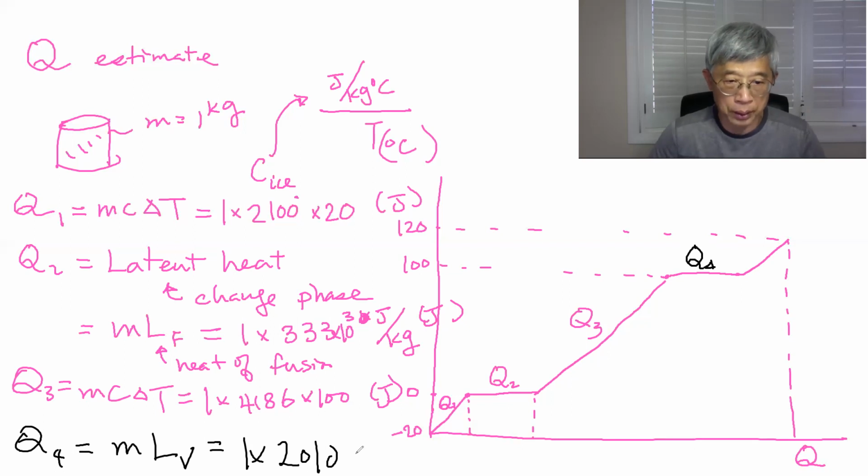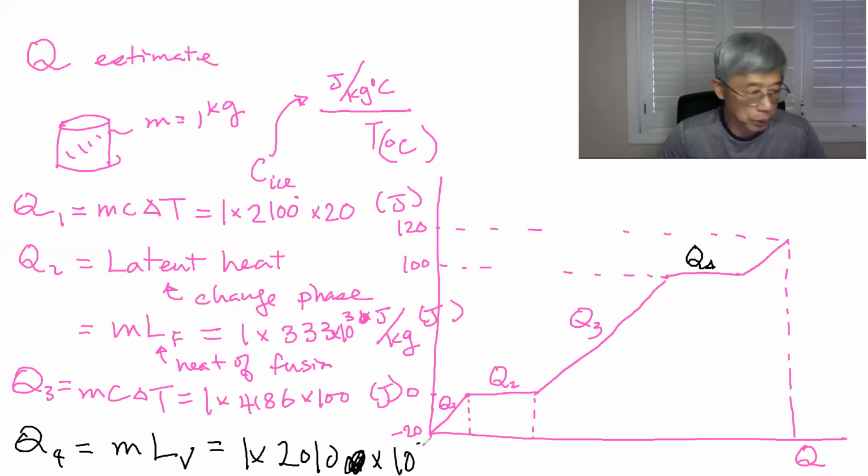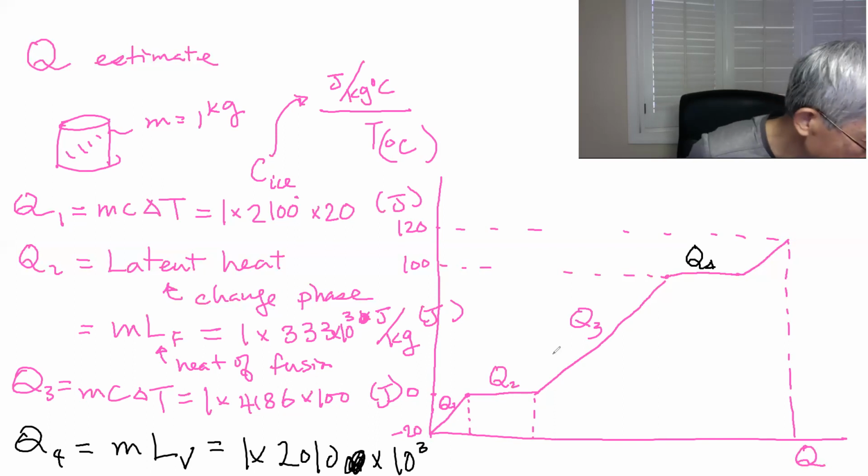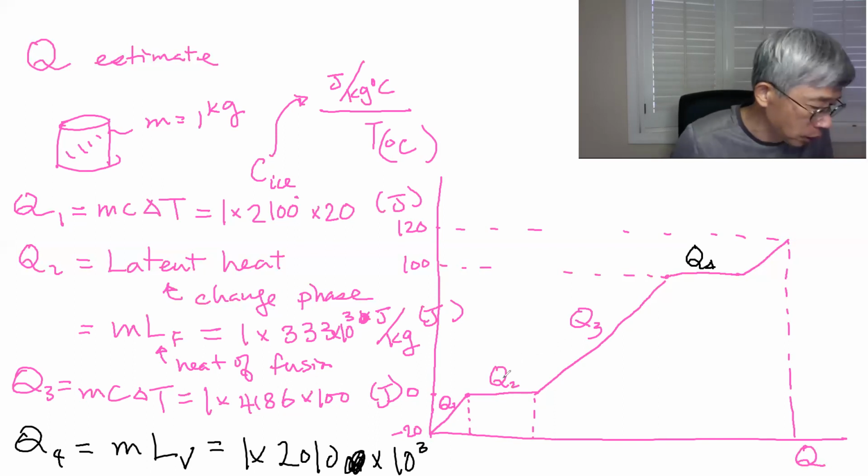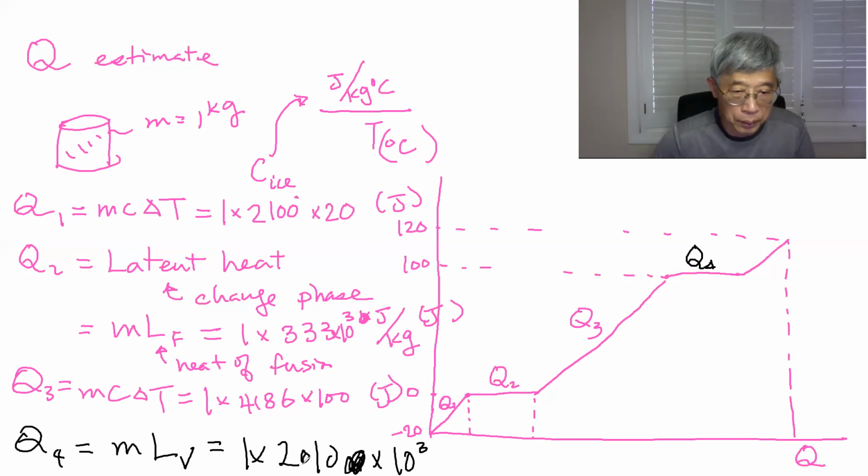Oh no, this doesn't have the delta T. Let me see. I think I'm making a mistake. This is 2260, okay? 2260.